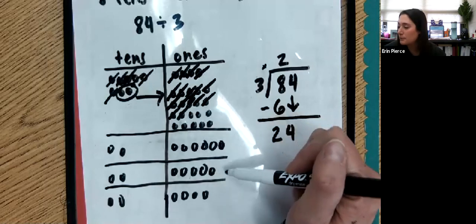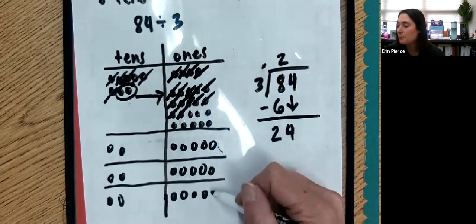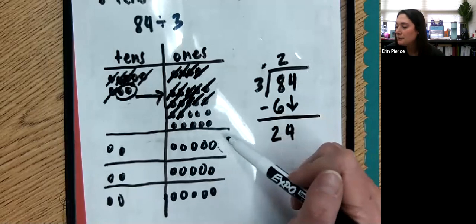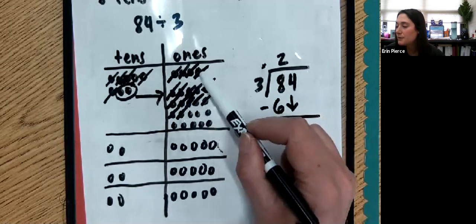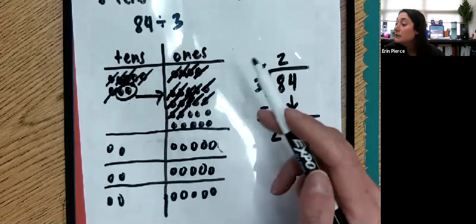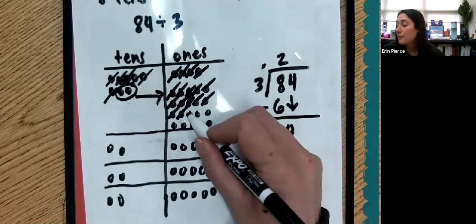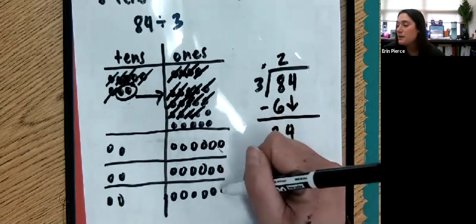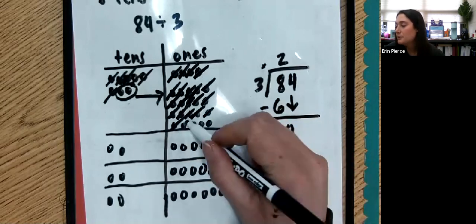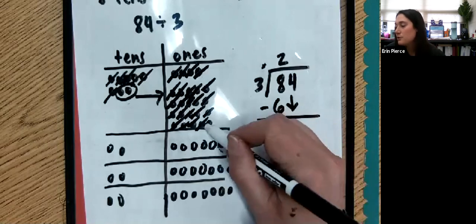See, I've already messed up. Wait. I need to put that one there. Okay. We're all good. 1, 2, 3, 4, 5, 6, 7, 8, 9, 10, 11, 12, 13, 14, 15, 16, 17, 18, 19, 20, 21, 22, 23, 24.